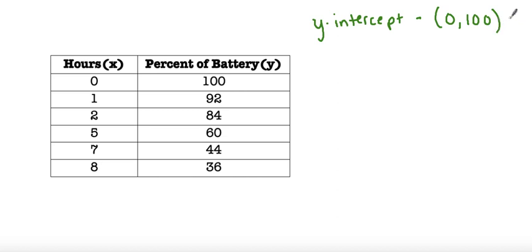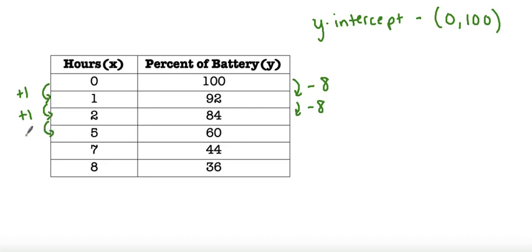And what that means is before any time has passed, our percent of battery is at 100%. And as time goes on, our percent decreases. So after an hour, our battery percentage goes down 8%. After another hour, it goes down another 8%.